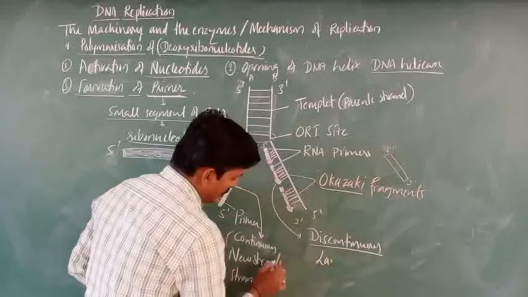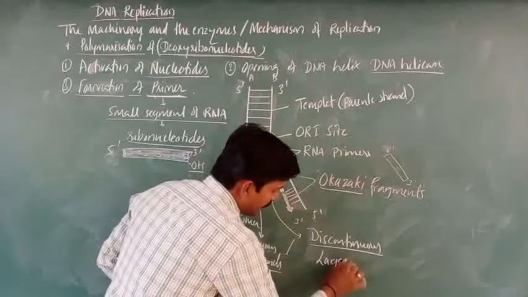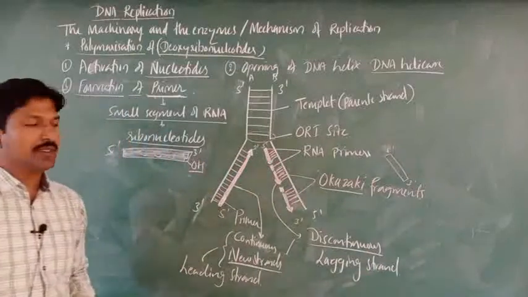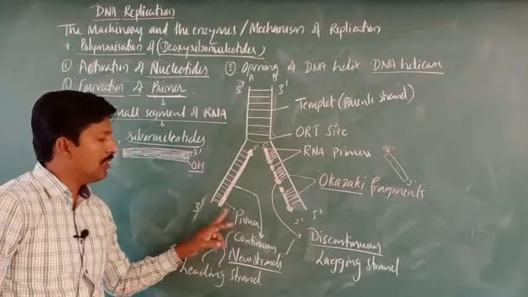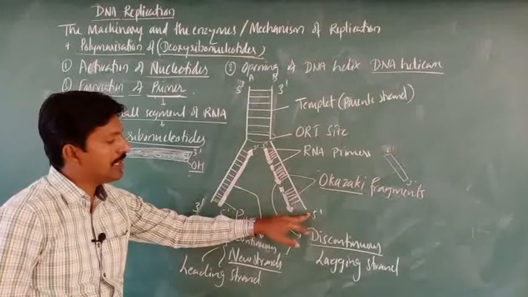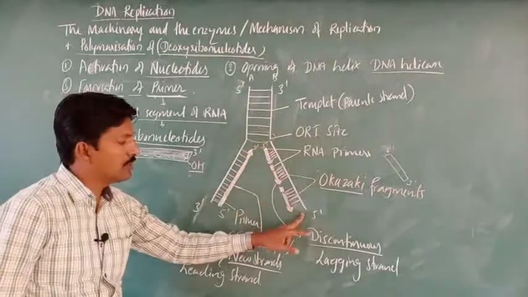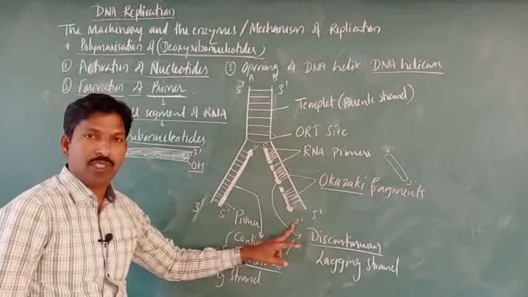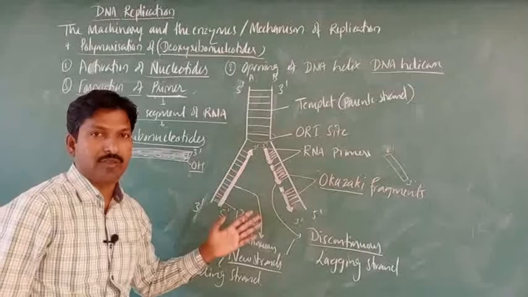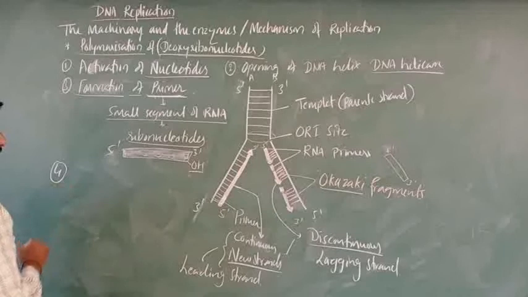Both are new strands, right, but this one is called the lagging strand. New strands are always formed from fifth prime to third prime, so it does not start from the fifth side, because the complementary direction is third to fifth, and it will not start the complete formation of the new strand. So that is the fourth step you can take.